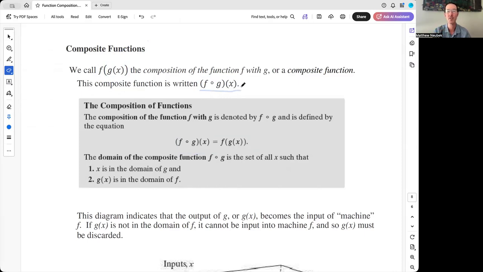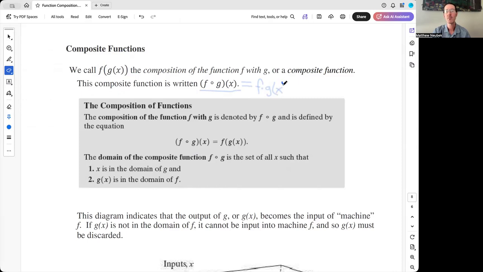If the type is really small, some students will look at this and think that it's the same thing as multiplication, whether it's fg of x, or maybe there's a little dot between them. And that didn't end up looking like a dot, but it was supposed to. Just put a little dot there, and then the x afterwards.